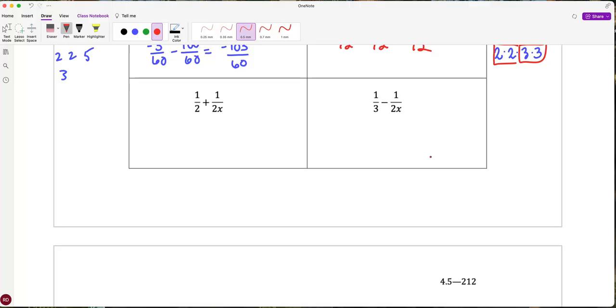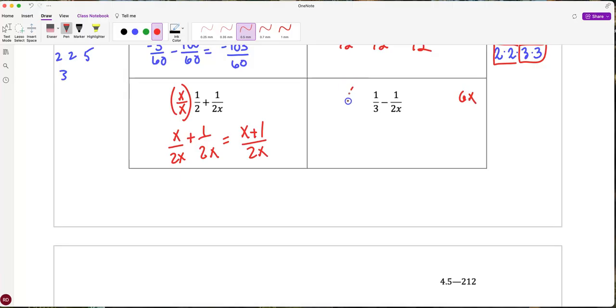Here my common denominator is 2x. So if I multiply this by x over x, you get x over 2x plus 1 over 2x, which is x plus 1 over 2x. Here, my common denominator is going to be 6x.